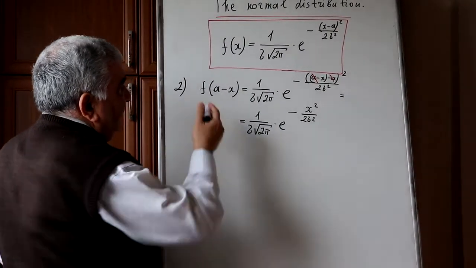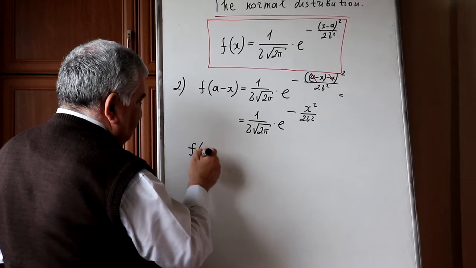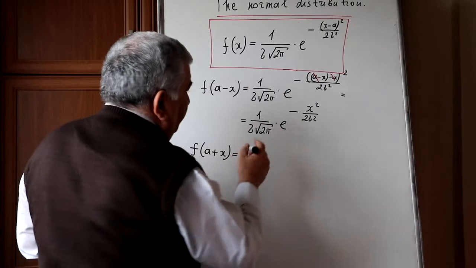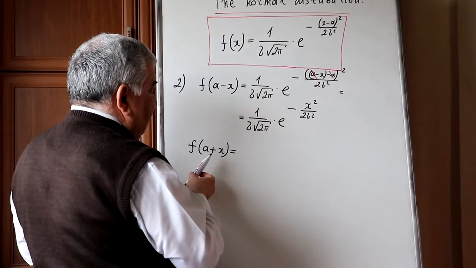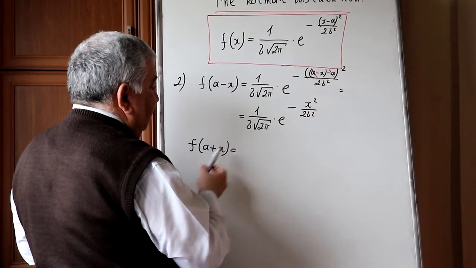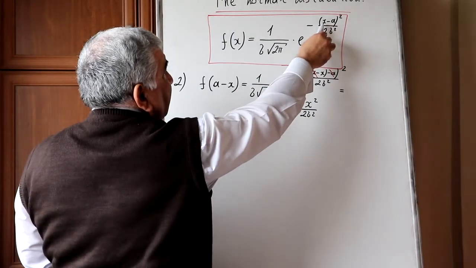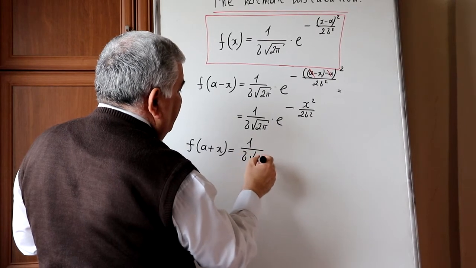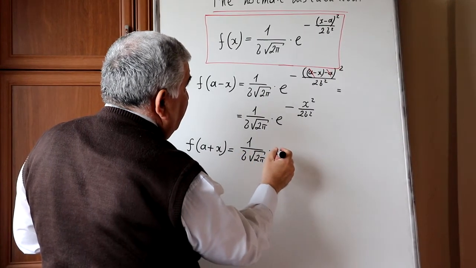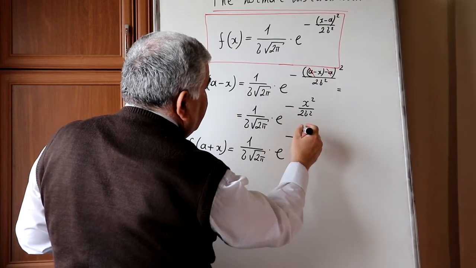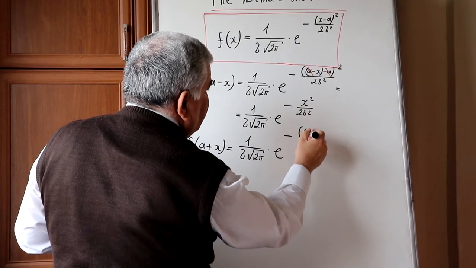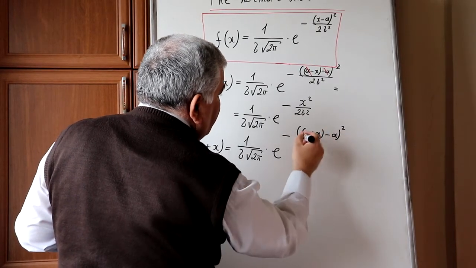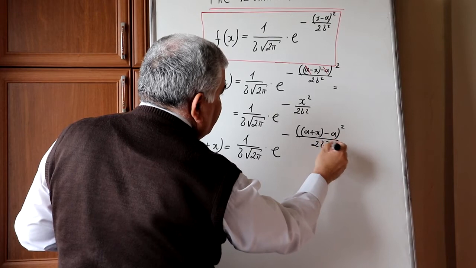Then obtain the expression for f of a plus x. For this we must substitute a plus x instead of x here: 1 over sigma multiplied by square root of 2 pi multiplied by e raised to minus a plus x minus a squared over 2 sigma squared.